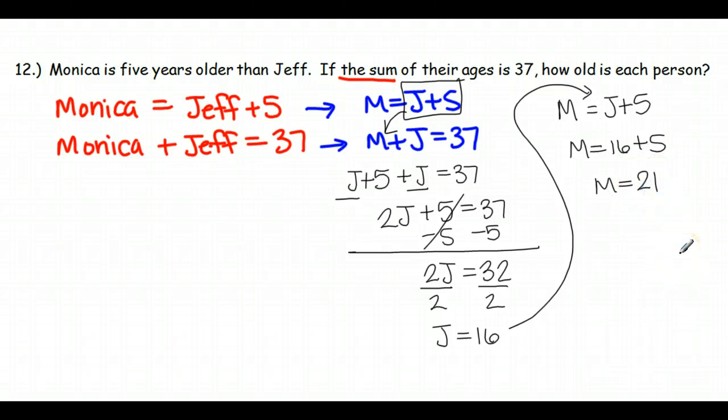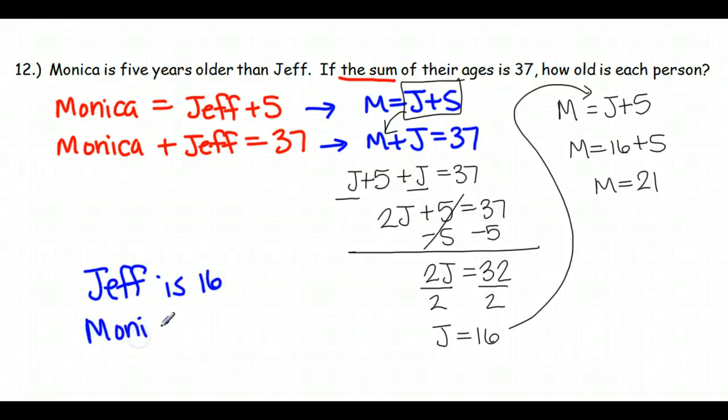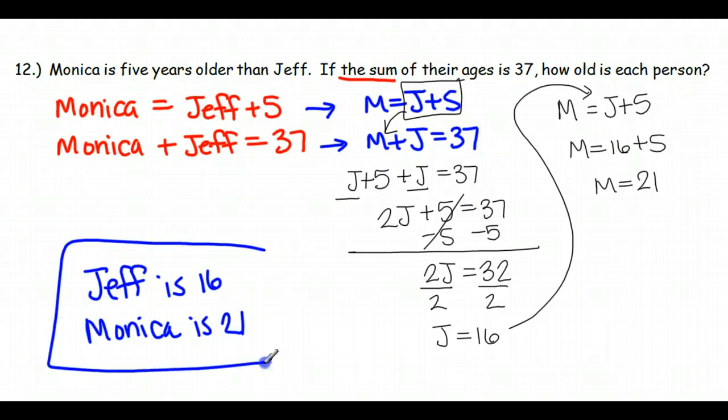So again, we don't write this as an ordered pair. We need to write it out because it's a word problem. Jeff is 16 and Monica is 21. And that is the answer to this word problem.